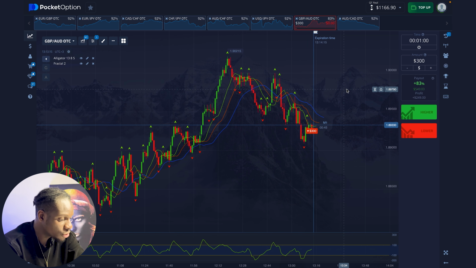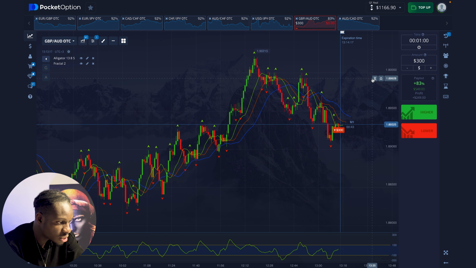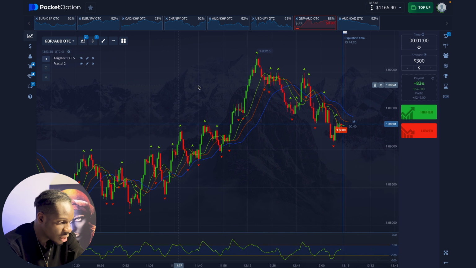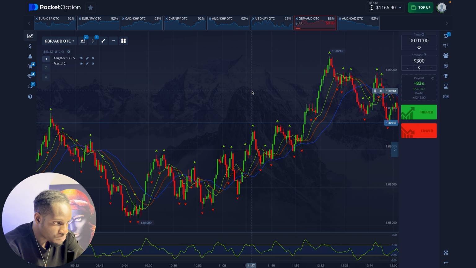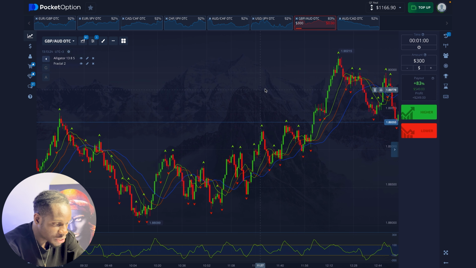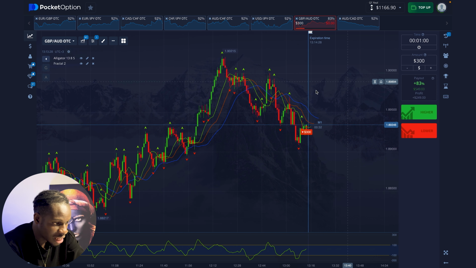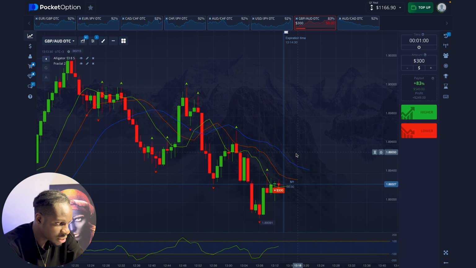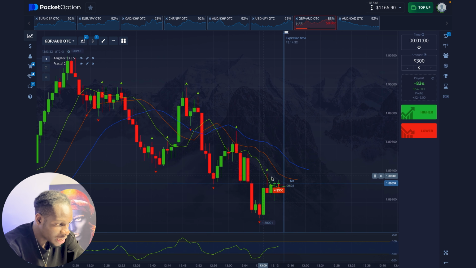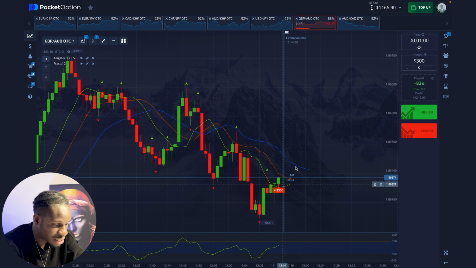Okay, guys, we just took another trade, and for this one, we took a short. Actually, guys, looking back, it might have been a bit better to take a long for this one, because I just noticed a local maximum update on the fractal, and the moving lines are actually still pointing downward.